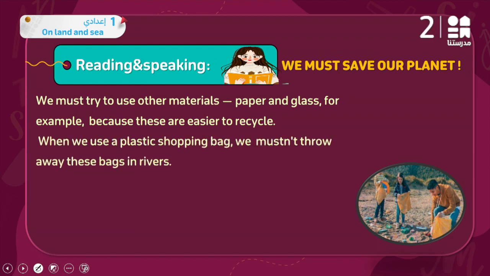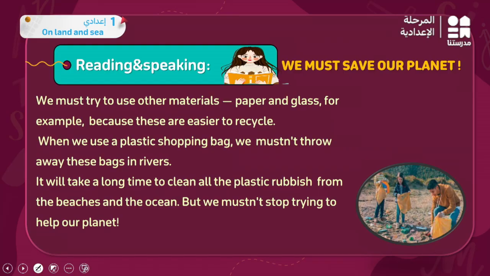When we use a plastic shopping bag, we mustn't throw away these bags in rivers. يبقى هنا بقى بنحاول we can try to find ways to save the planet or the environment by using different materials. إن احنا نستخدم different materials أو مواد أخرى غير البلاستيك زي الووتر أو زي البيبر أو الجلاس. And when we use plastic shopping bag، لما بنستخدم الشوبينج bags المصنوعة من البلاستيك، we mustn't throw away these bags in rivers. ما ينفعش نرميها في الريفرز أو في الأوشنز أو في السيز etc.